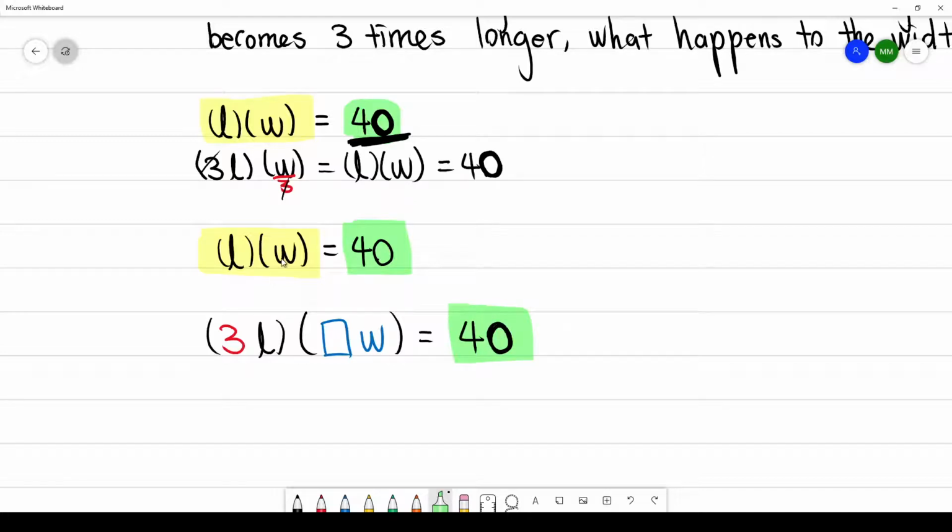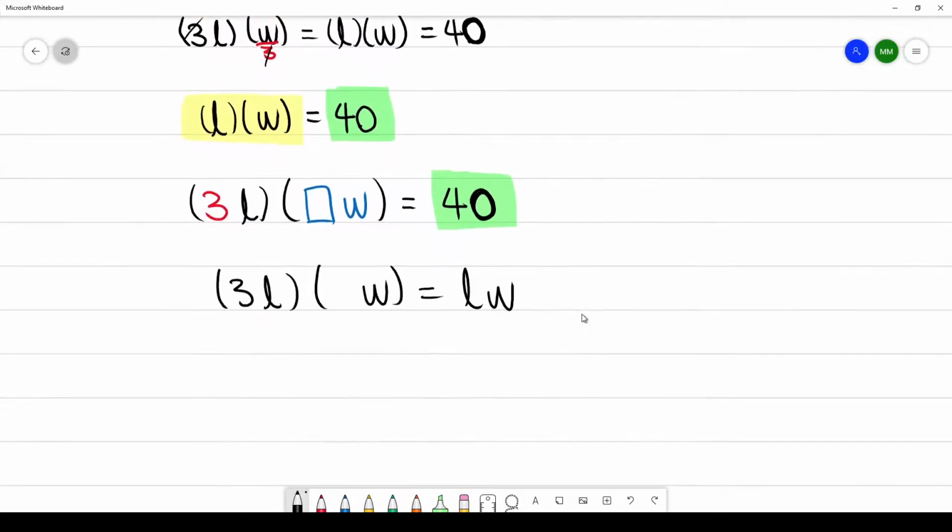So the green is exactly equal to the yellow. So we can say that 3L times a width is equal to L times W, right? We don't know what this number is. But 3L times something W is equal to LW.